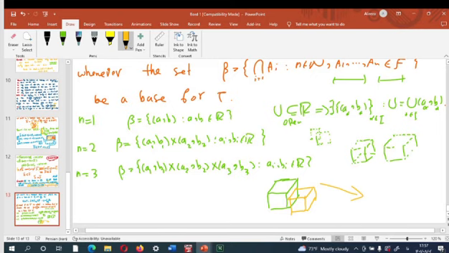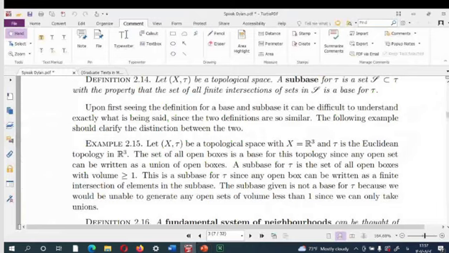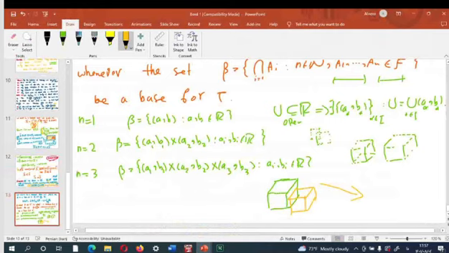So by finite intersection of cubes with the property volume greater or equal 1, we can construct all cubes and all boxes, so that we can reach a base by considering finite intersections of boxes with volume greater or equal 1.